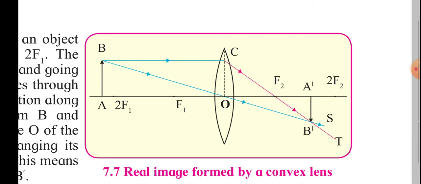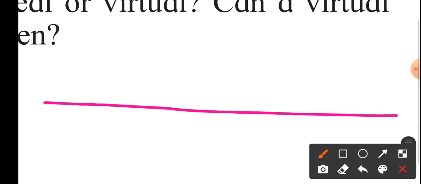Now, how to draw this? To draw this, first of all, draw the principal axis. I'm just giving you a hint how to draw these ray diagrams. Then you can practice in your notebook after the finish of this particular video. So in this ray diagram, we have to start with the principal axis, a straight line.